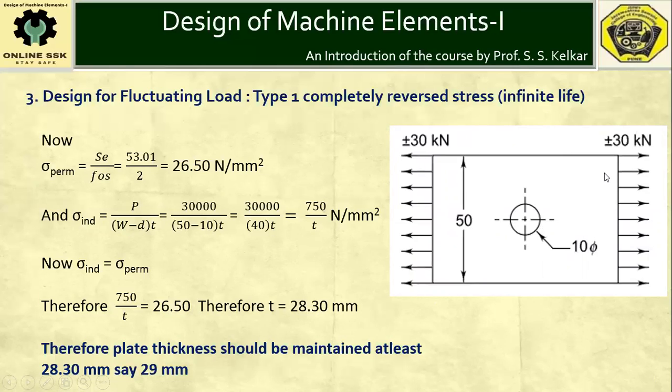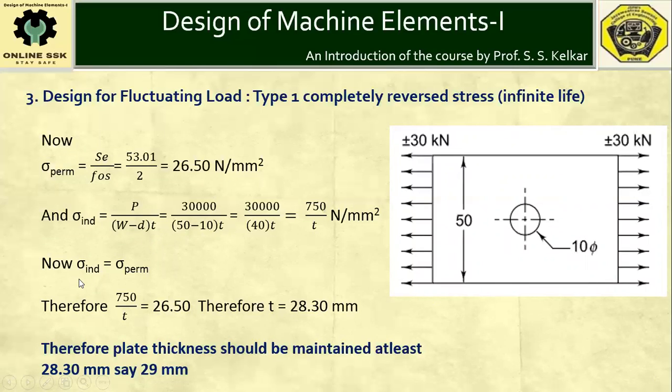Thickness of the plate is T, and at the critical cross section the width will be 50 minus 10. So width at the critical cross section is W minus D, 50 minus 10, multiplied by the thickness of the plate, that will represent the critical cross section. Applied force divided by critical cross section, so sigma induced will be 750 upon T.